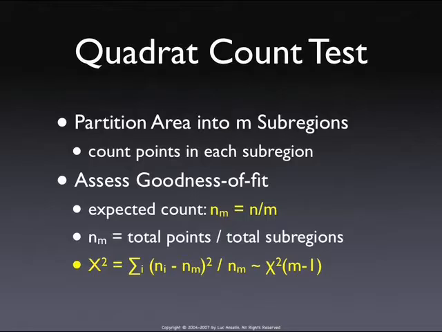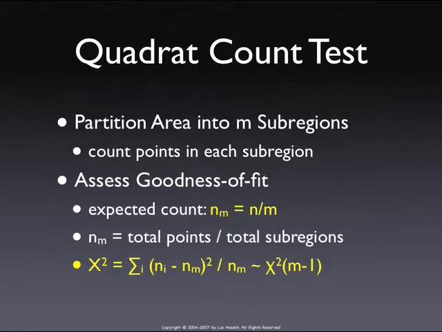If the point pattern is really truly random, then each area should have an equal number of points. So if you have, say, 100 points, and you have 25 squares, then each of these squares should have 4 points on average. Right? So if it doesn't, then there's a deviation from this average.